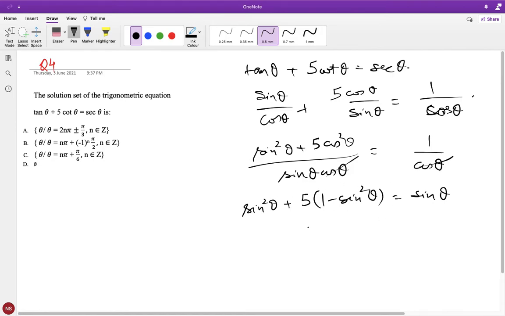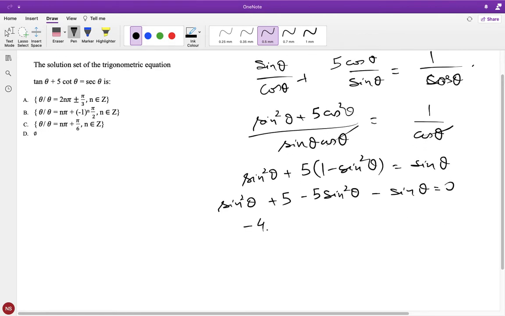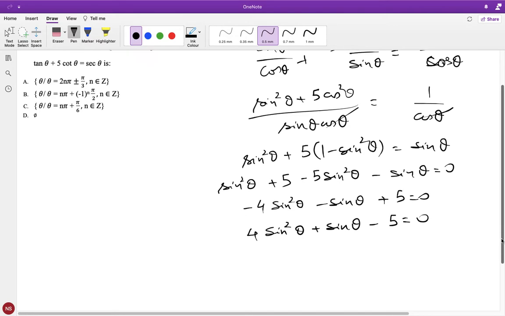So sine square theta plus 5 minus 5 sine square theta minus sine theta is equal to 0, or minus 4 sine square theta minus sine theta plus 5 is equal to 0, or 4 sine square theta plus sine theta minus 5 is equal to 0.